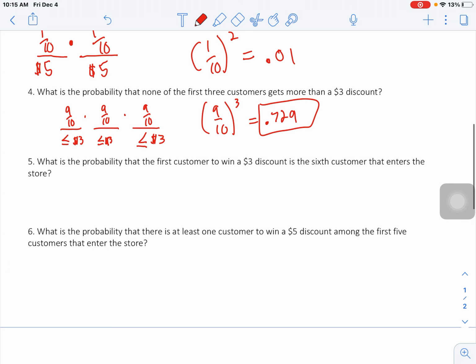Number 5, what's the probability that the first customer to win a $3 discount is the 6th customer that enters the store? Okay, so we're looking at 6 customers entering the store, and the 6th one has to be the first $3 discount.